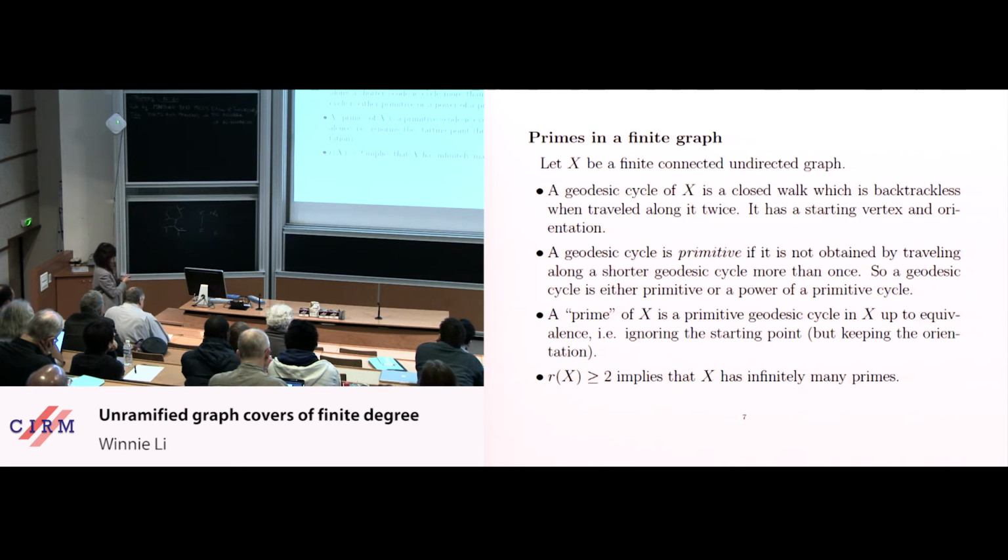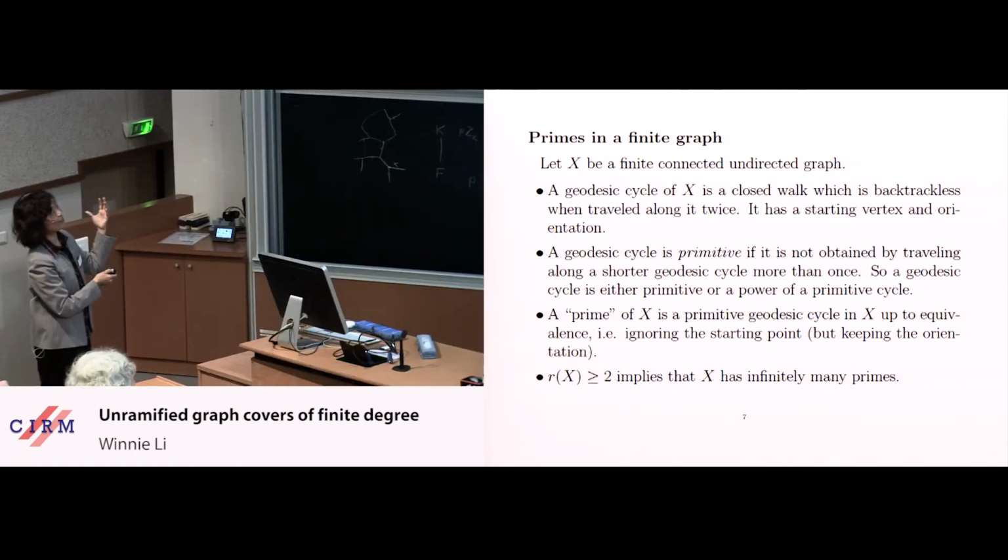Okay. So first I need to talk about what the primes in a graph are. So when we are given a graph, what we are interested in is a geodesic cycle. Okay. So that's a closed walk with no backtrack.